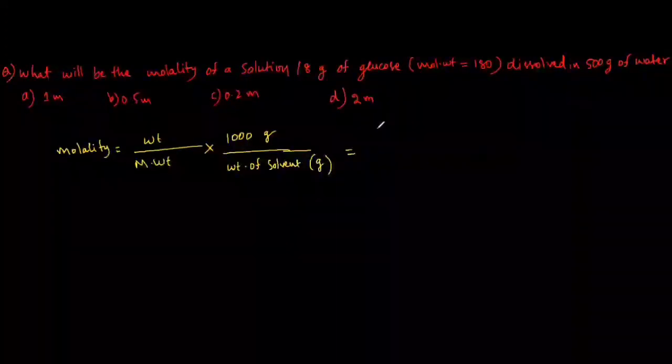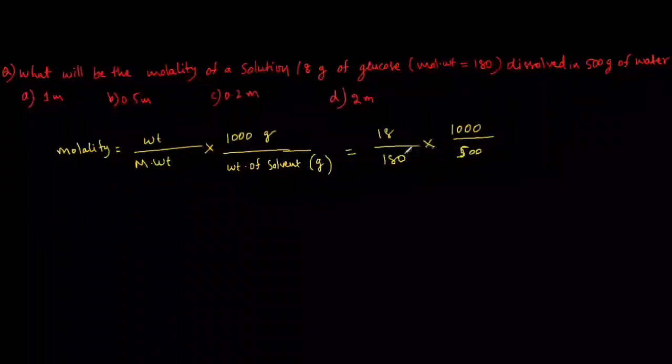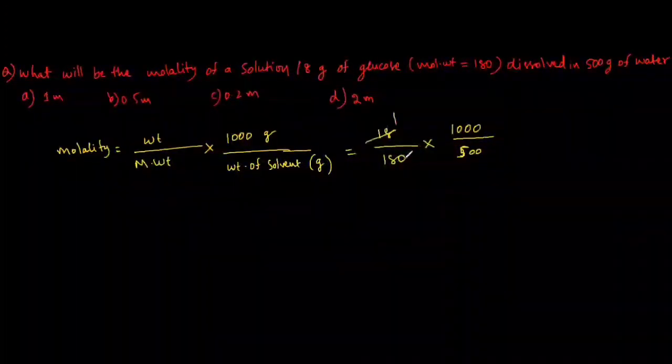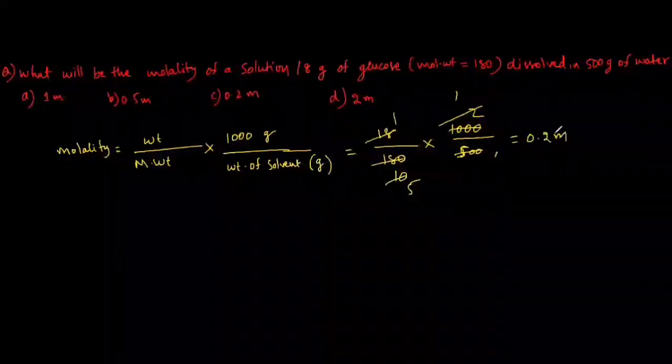That is equal to weight of solute 18 grams by molecular weight 180 into 1000 by 500 grams of solvent. That is equal to 0.2 molality.